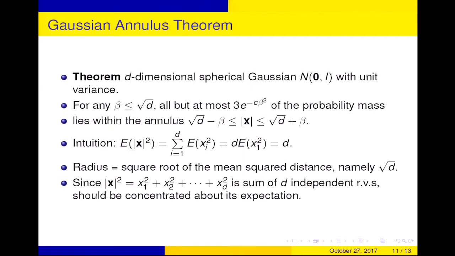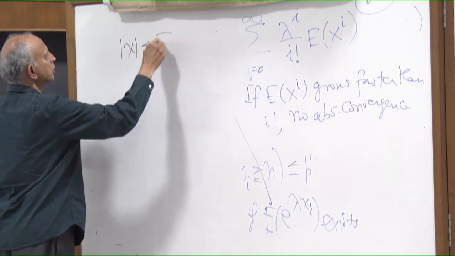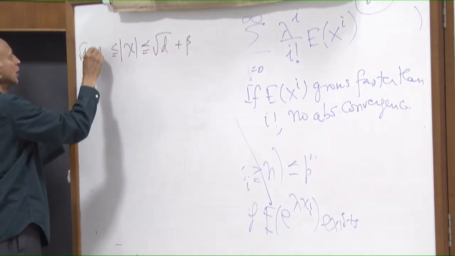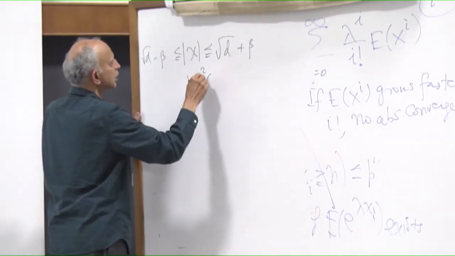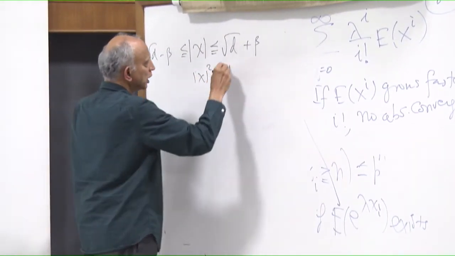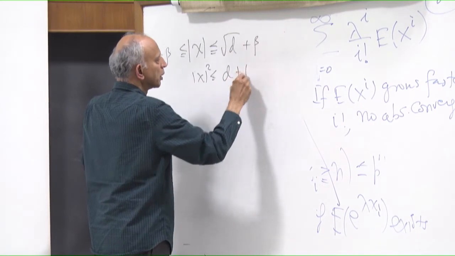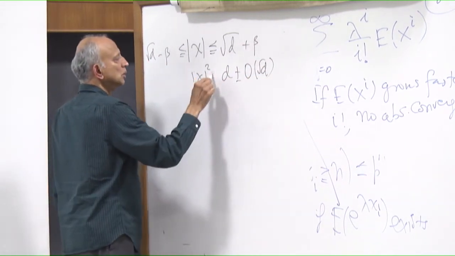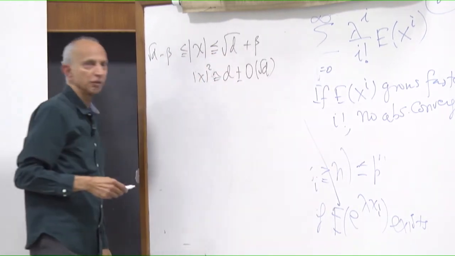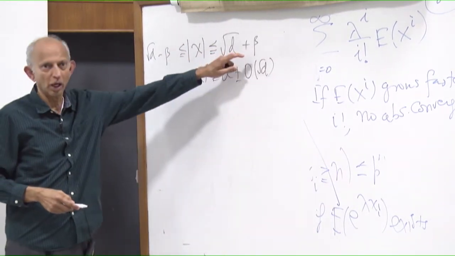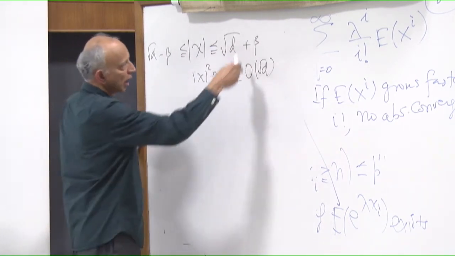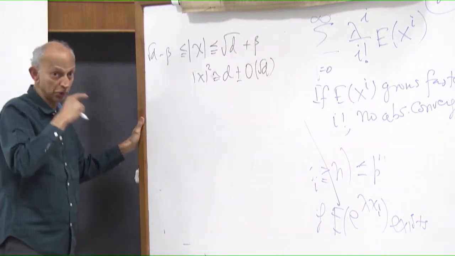So let's see what this is saying. With high probability, the length is between root d minus beta and root d plus beta. So x squared is between d and d plus order root d. If I square this up, the second term that's more significant is beta times root d, and then you get beta squared, which is a small order term.